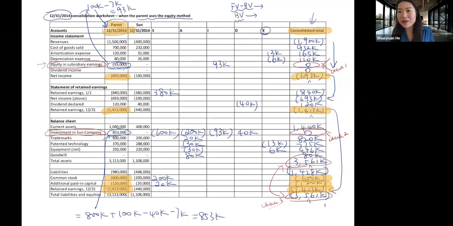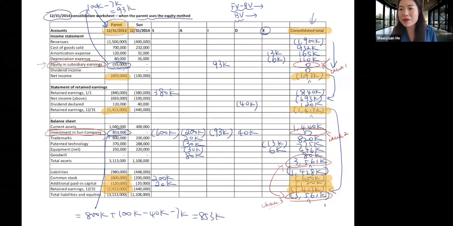So this is actually the situation. It only happens if the parent is using the equity method. So that's why it is the advantage of using the equity method. If the parent is using the equity method, it can just look at its own net income, and without doing the consolidation, it will know what the consolidated total net income is. You are not going to find this if the parent is using either the initial value or the partial equity method.